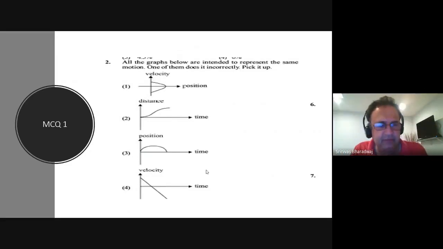So welcome. We are doing some questions today. That's the goal. We're starting with some questions. So these four curves, this is the first question we are looking at.